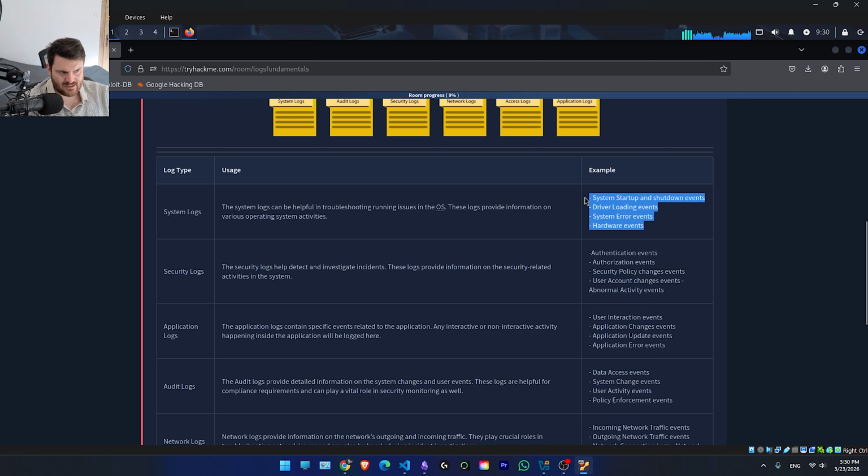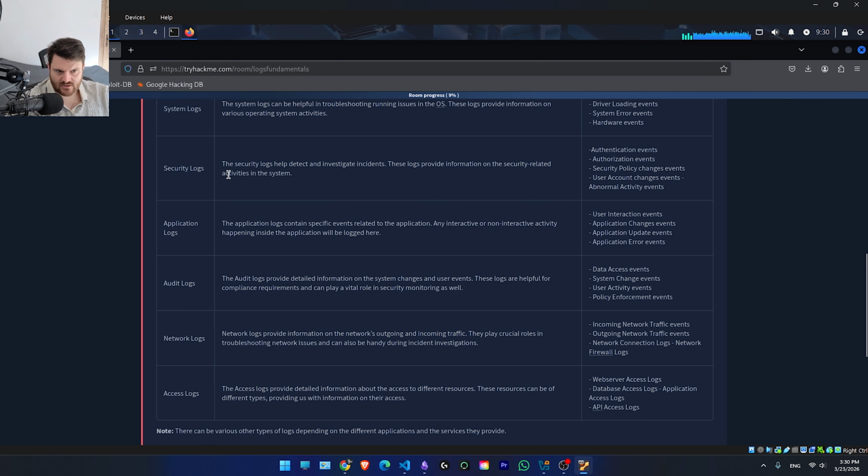Here we see some examples. These events will trigger system logs: system startup and shutdown events, driver loading events, system error events, and hardware events.